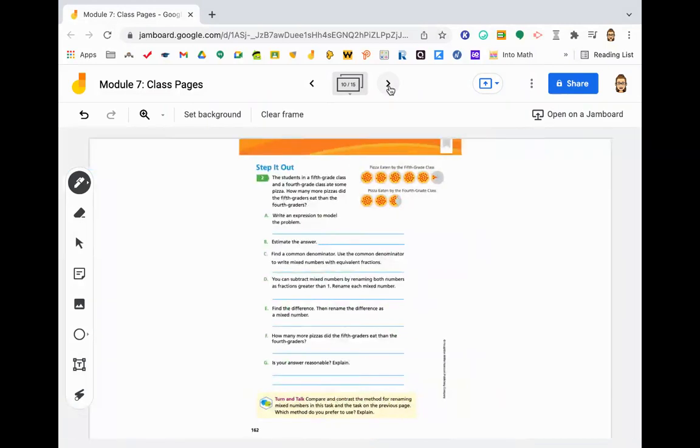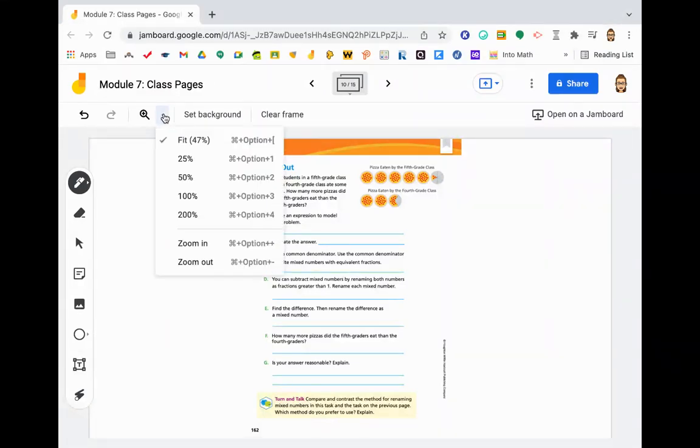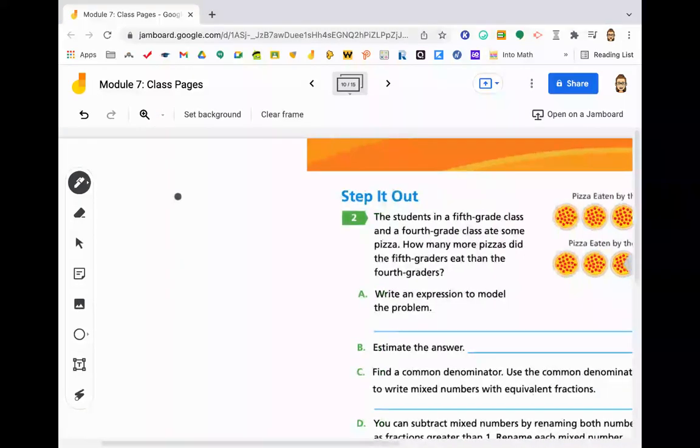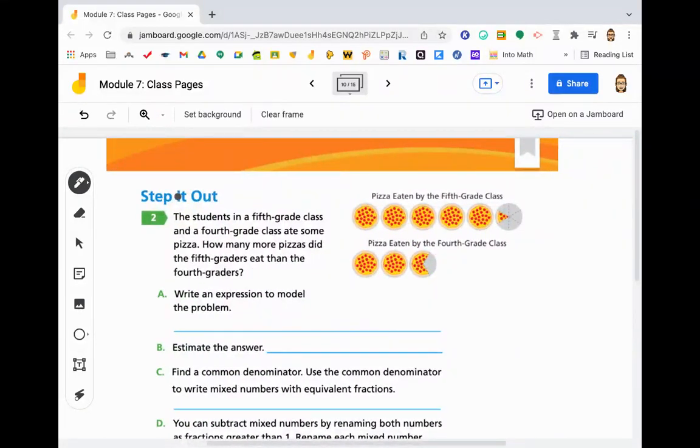We're going to go to the next page. So the students in a 5th grade class and a 4th grade class ate some pizza. How many more pizzas did the 5th graders eat than the 4th graders?